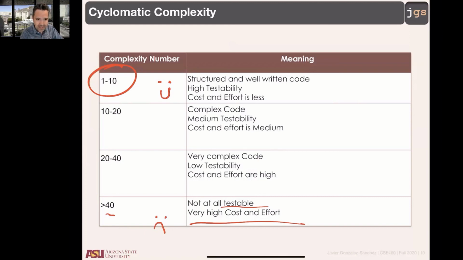Think about the testing for that particular method. We're talking about numbers per method. One method with a complexity of 40 or more is going to be very, very painful to test. And it's a red light for refactoring things. Anyway, those are the metrics. We continue working with them next week.